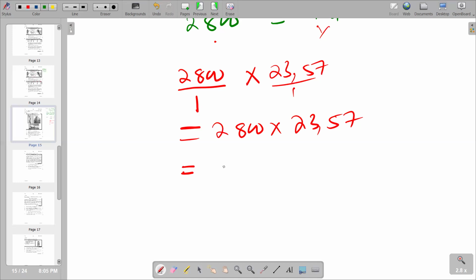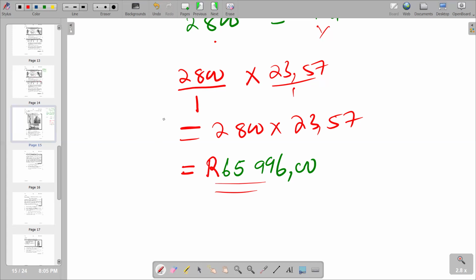You are going to get 65,996.00, and we are going to express this in rands. So this becomes our final answer: the 2,800 pounds will be converted to 65,996 rands. So basically, that's our answer.